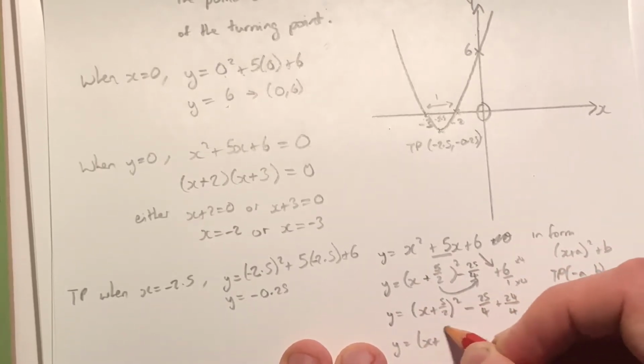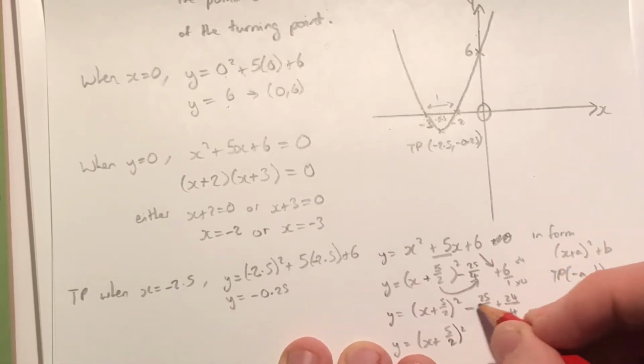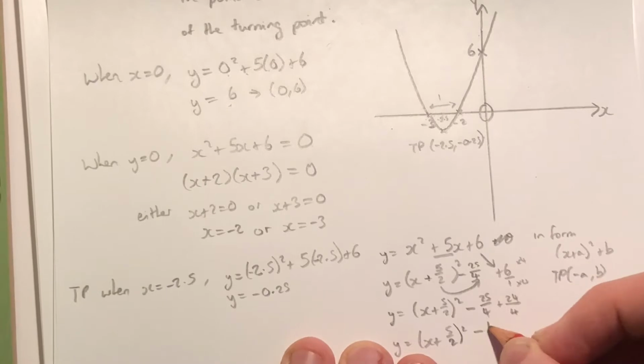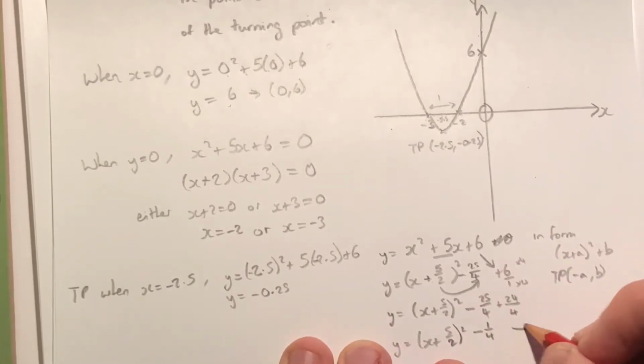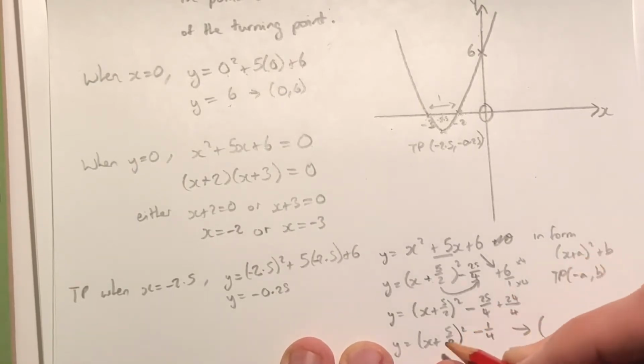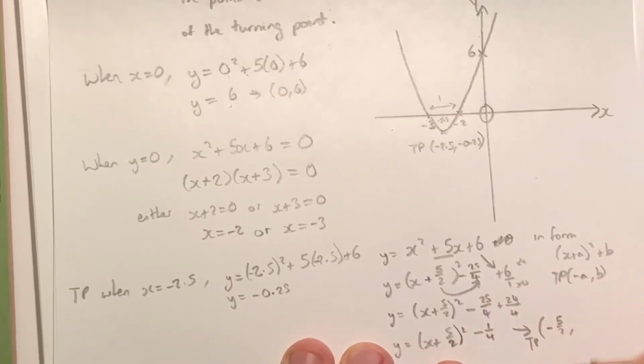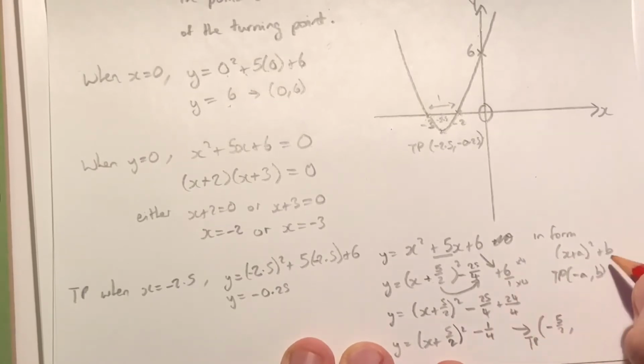That would end up with x plus 5 upon 2, all squared. Minus 25 plus 24 is minus 1 upon 4, which gives us the turning point. Remember, this one here changes the sign. So if it's positive, it becomes negative. If it's negative, it becomes positive. So this is positive 5 upon 2. And our turning point becomes minus 5 upon 2, comma, and then the b stays the same.